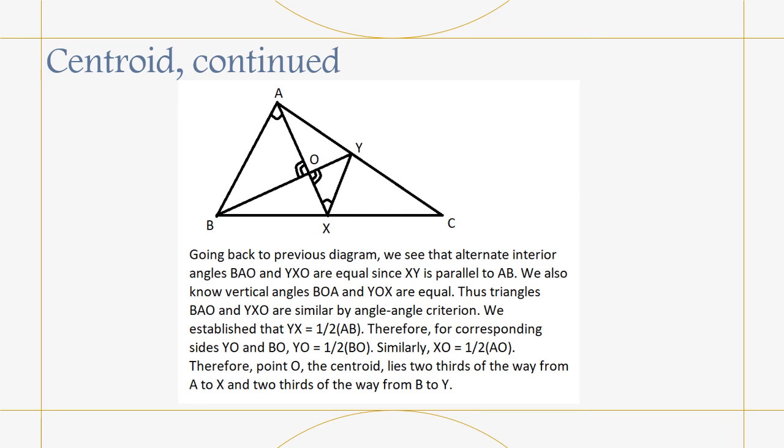Therefore, for corresponding sides YO and BO, YO equals 1/2 BO. Similarly, XO equals 1/2 AO. Therefore, point O, which is the centroid because it's where two medians intersect, lies 2/3 of the way from A to X and 2/3 of the way from B to Y.